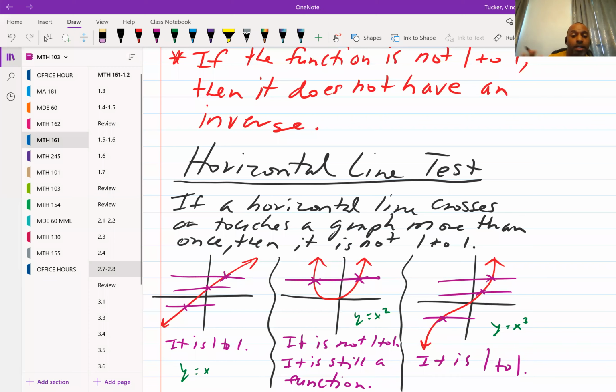It is not one-to-one, but it is still a function. Remember, we found out from the vertical line test that a parabola is a function, but we just found out that it's not a one-to-one function. So once again, that is important because that means it does not have an inverse. And then your cubic equation is one-to-one. No matter where you draw the horizontal line, it only touches it once.